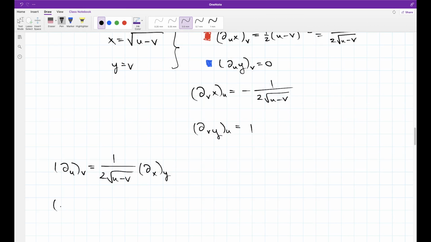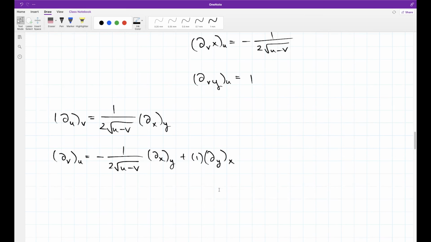And on the other hand, partial v fixing u will be equal to minus 1 over 2 root u minus v, partial x fixing y, plus 1 times partial y fixing x.